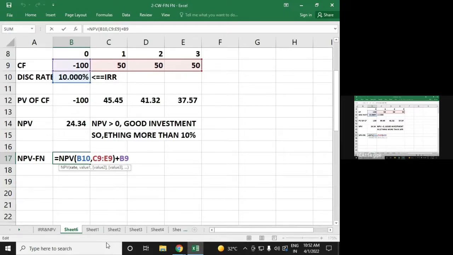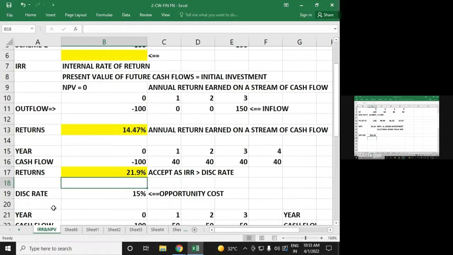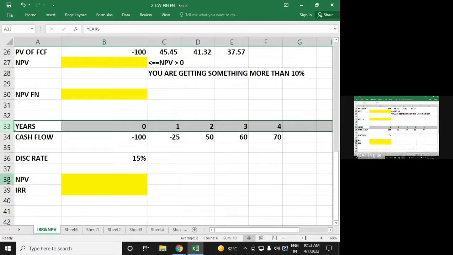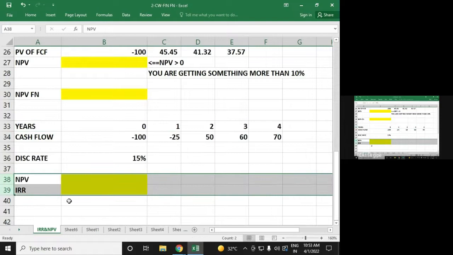Okay, so everybody come to row number 33 and find NPV and IRR for this case.